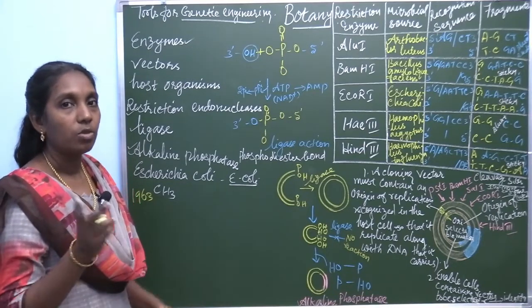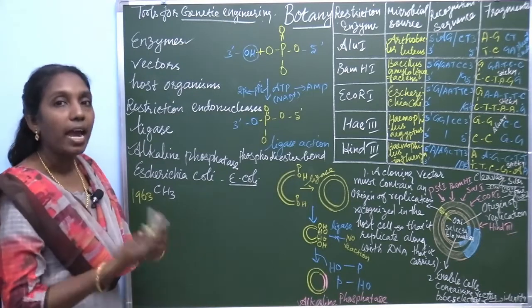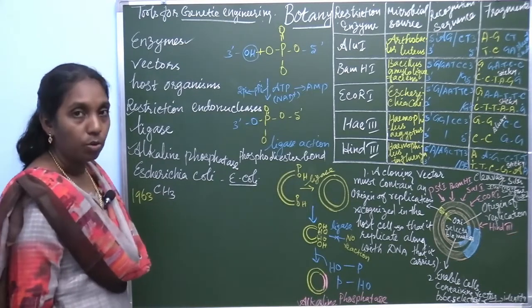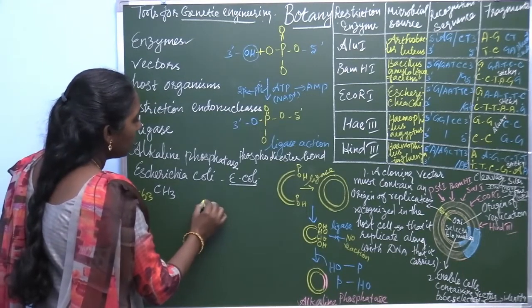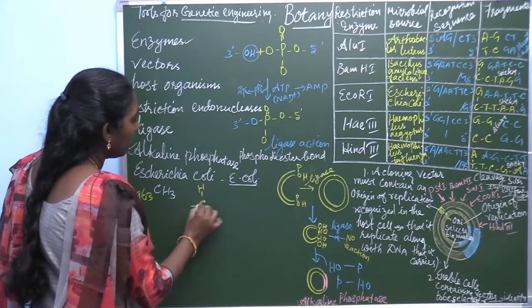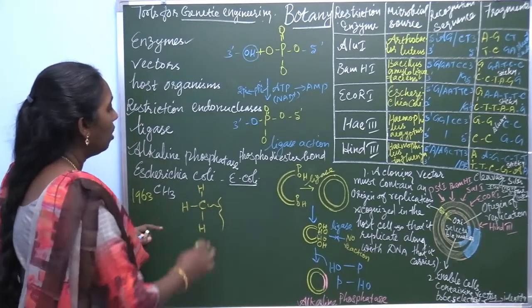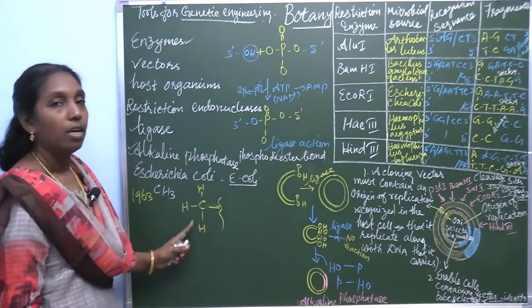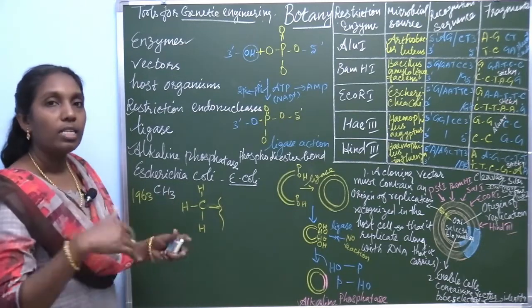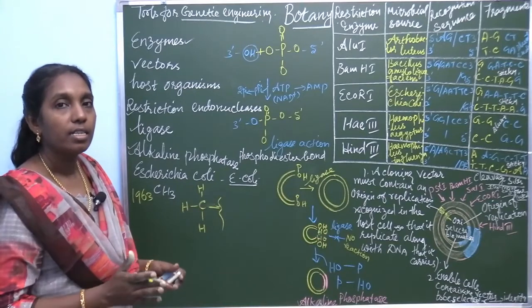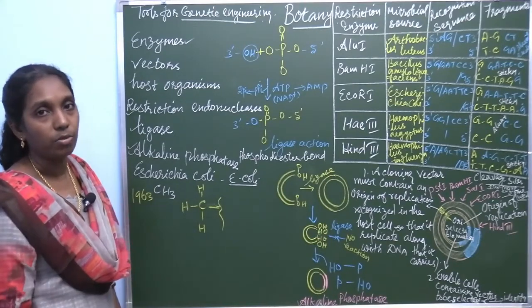Here it was found that there are two enzymes: one which adds the methyl group CH3, while the other is used for cutting the DNA sequences.